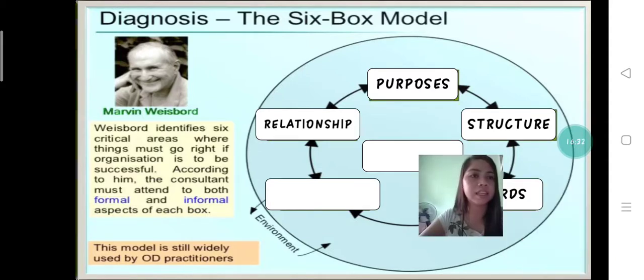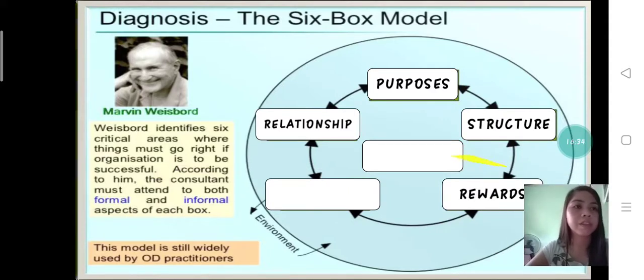And the next is leadership. Leadership is a very important area that needs to be considered, how you lead the organization. Does leadership watch for blips among the areas and maintain balance among them?